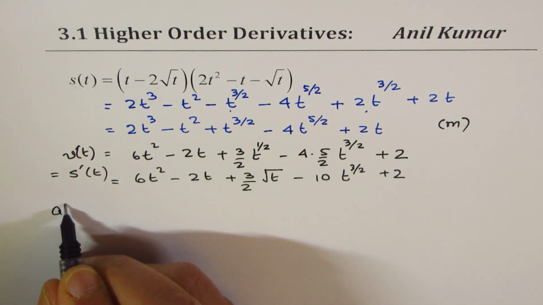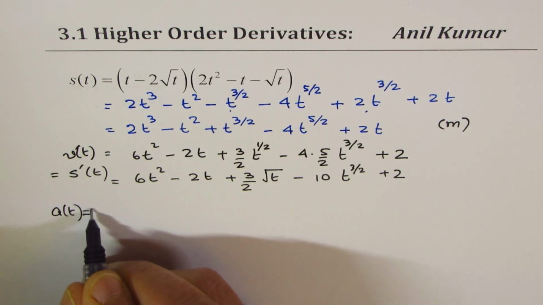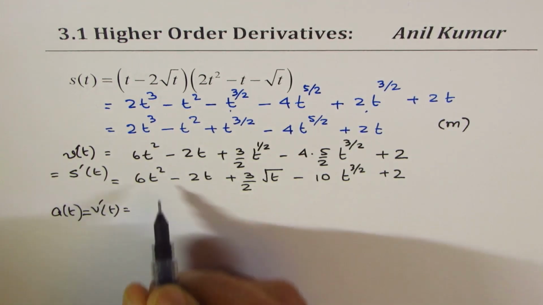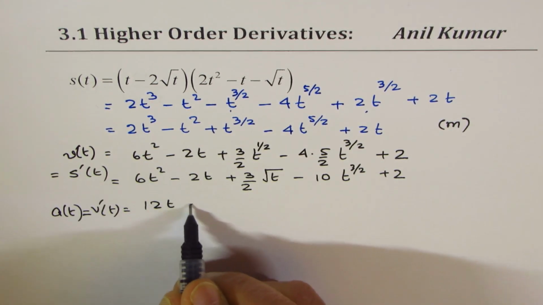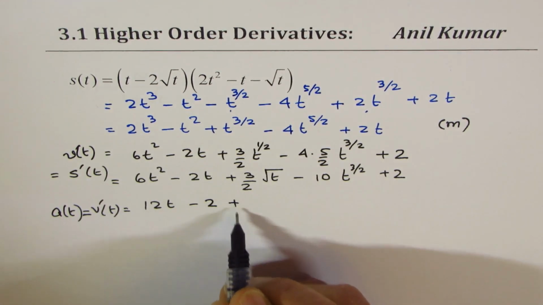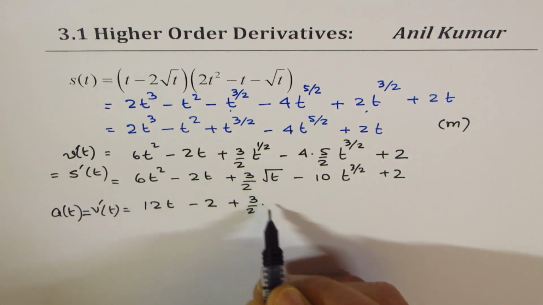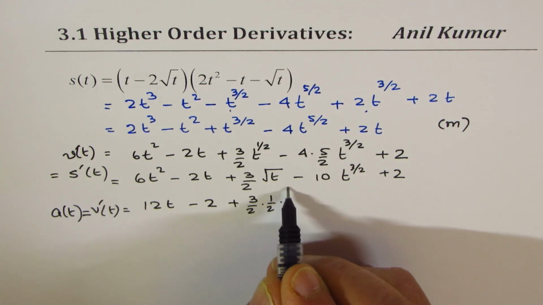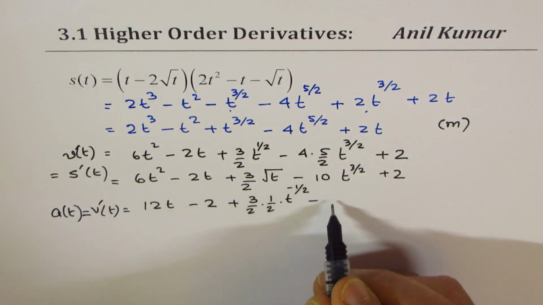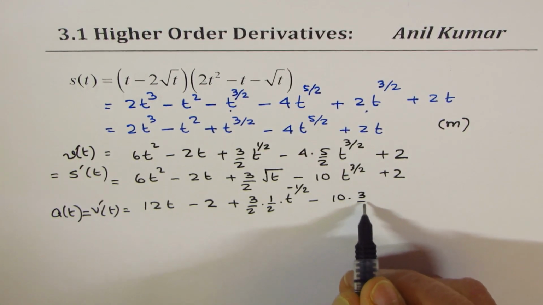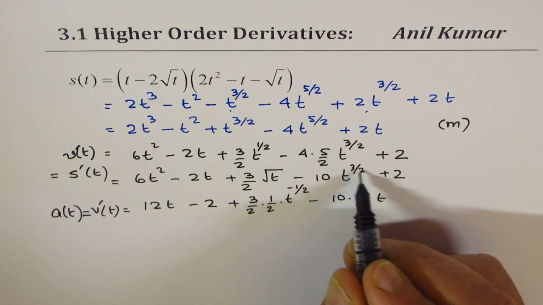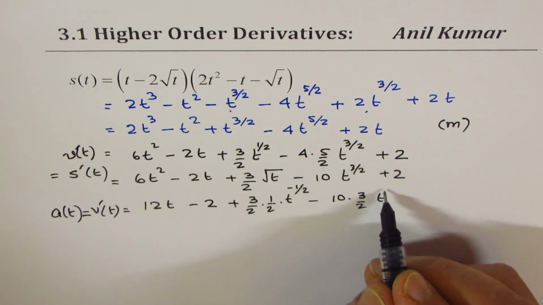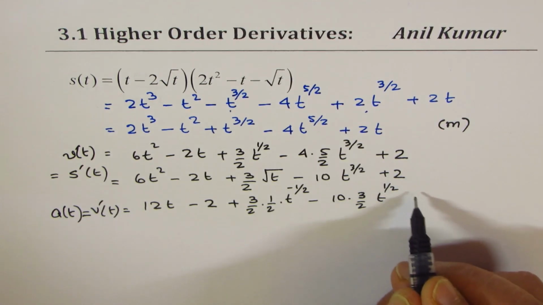So acceleration is the derivative of velocity, which is 12t minus 2 plus 3 over 2 times half t to the power of minus half, minus 10 times 3 over 2 t to the power of 3 by 2 minus 1, that means half, right, plus 0.